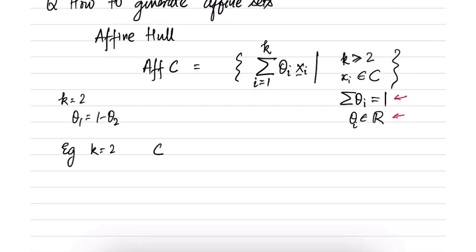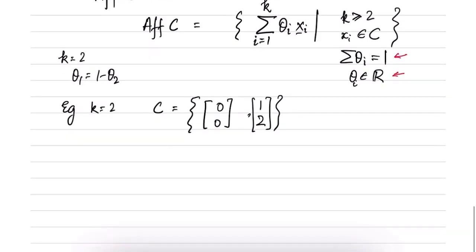Let us consider the set which contains 2 points only. Let's try to find its affine hull. So the affine hull of C is given by, as you can see, we just have to use k equal to 2 here because all k greater than 2 are not really required. There are only 2 points.